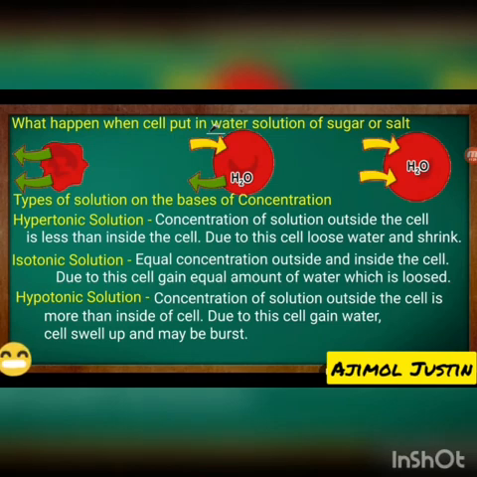Let us now see what happens to a cell when it is put into a solution of sugar or salt. First of all, we'll take 3 beakers. Fill each of them half with water, and then we'll name them A, B and C. In the first beaker, you will put a larger quantity of salt.